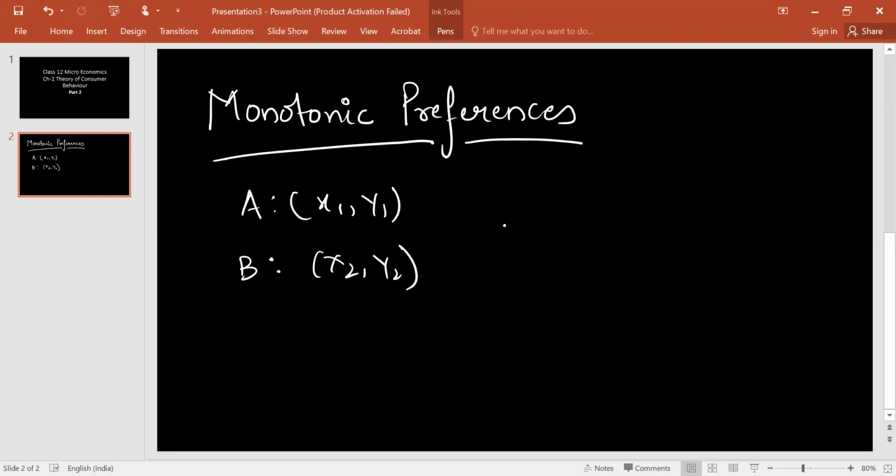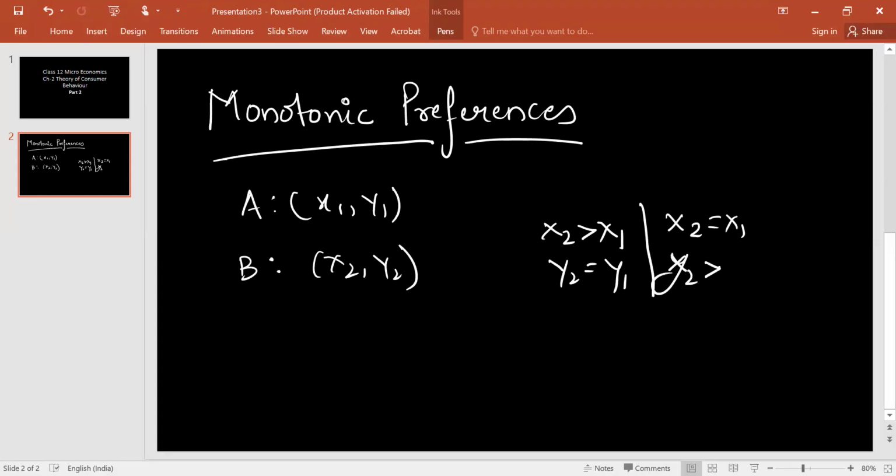If any of the goods in a consumption bundle, let's say B, has X2 greater than X1, and the quantity of Y commodity is the same in both the bundles, or if X2 is equal to X1, when the quantity of commodity X is the same, however the quantity of Y2 is greater than Y1.